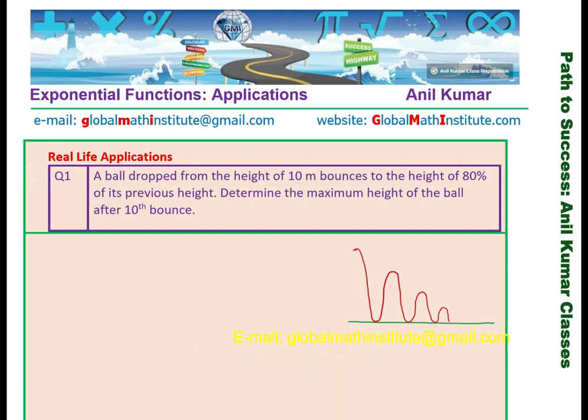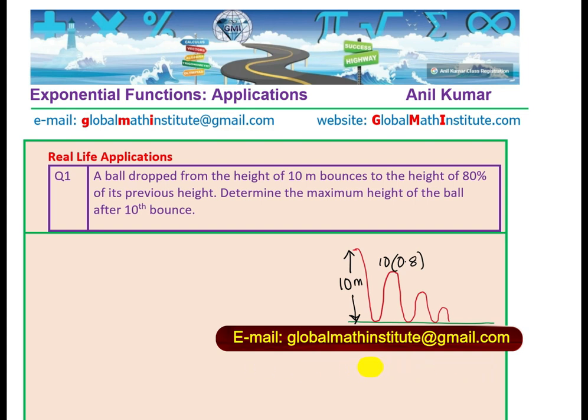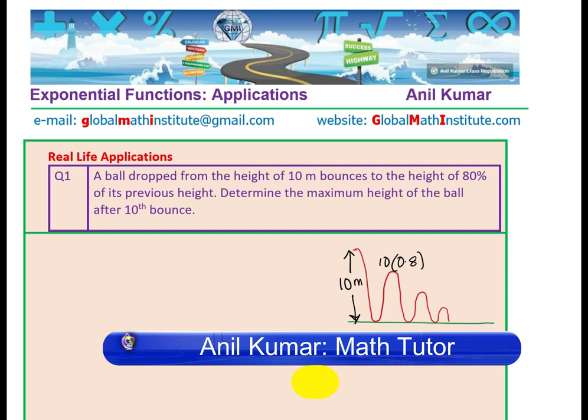We are leaving the ball from 10 meters height, and every time it just goes to 80% of the previous height. So 10 meters, 80% will be 10 times 0.8, right? Now, in the next bounce, it will be 80% of the previous bounce.